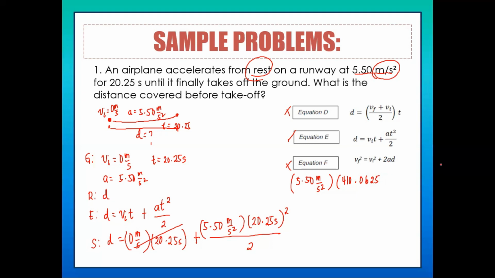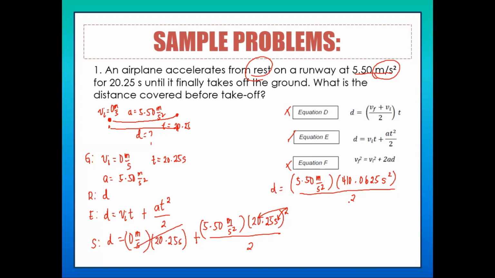Hindi pa tayo mag-round off or maglalagay ng answer into 2 decimal places. Okay? So, sa final answer natin yung gagawin. So, the unit now becomes second squared kasi the unit still is being squared. Okay? So, sana nasusundan. Divide by 2.